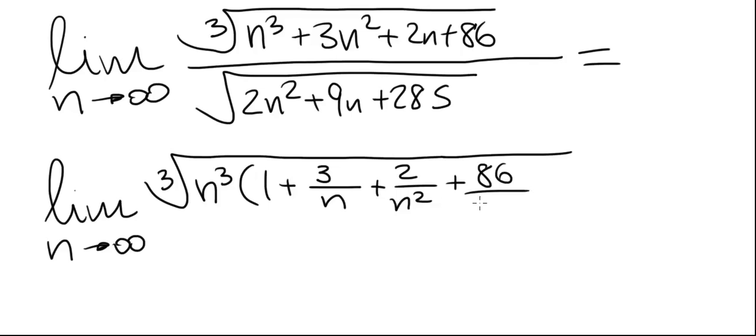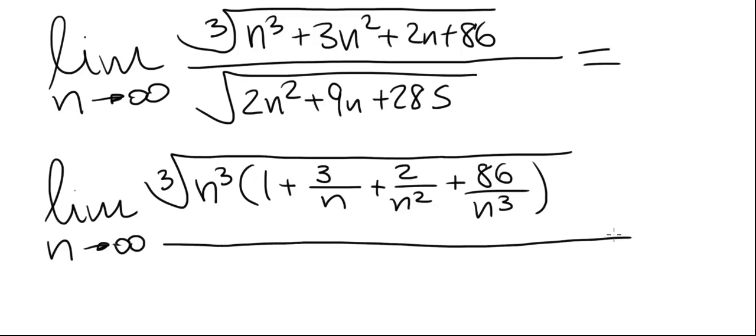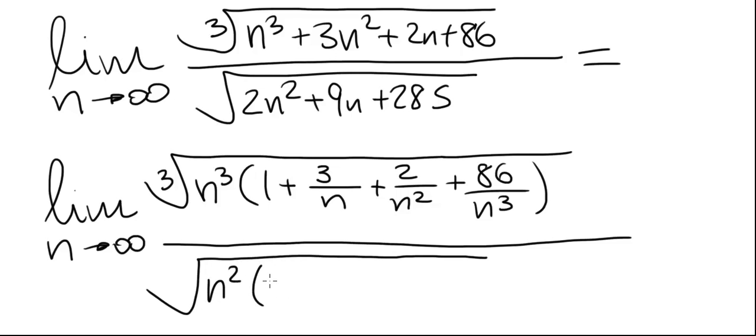And we'll do the same thing in the denominator. We're going to factor the highest power of n inside the radical, that is n squared, and that leaves a 2 plus 9 over n plus 285 over n squared.